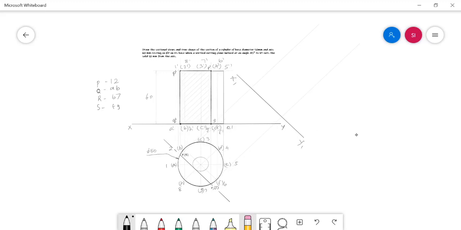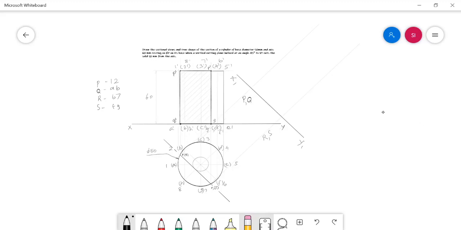Here, for our understanding, I am mentioning the names of the cut points very near to their projectors, but in your answer sheet you need not mention them like that. So this is the R and S projector. The cut point P, with respect to xy, is at a distance of 60 mm. It's actually equal to the axis height of the solid. In this problem it happened like that.